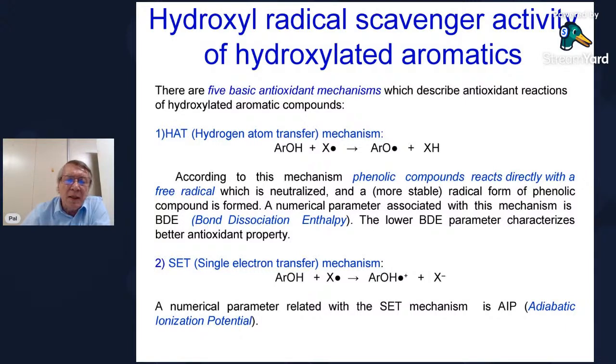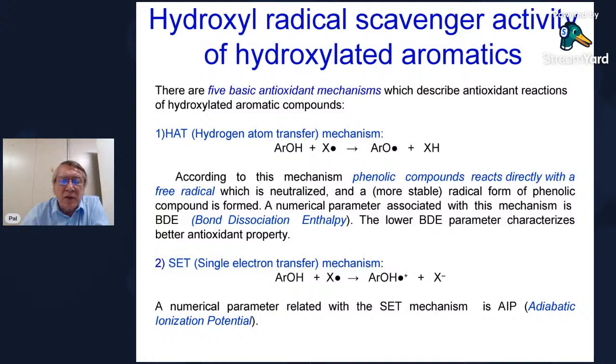And as we can see, in the first case, a hydrogen atom is transferred from the hydroxyl group to the radical, resulting in a neutral species and generating an aryloxy radical, which, due to the delocalization, is a much more stable, much less reactive radical than the original hydroxyl radical.